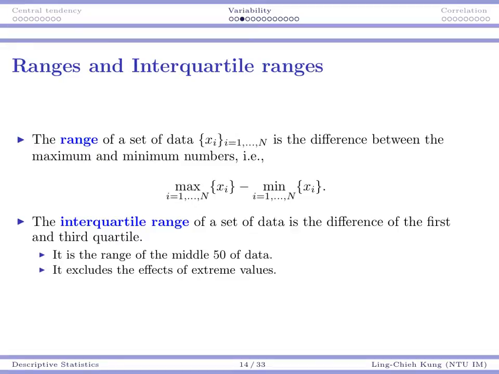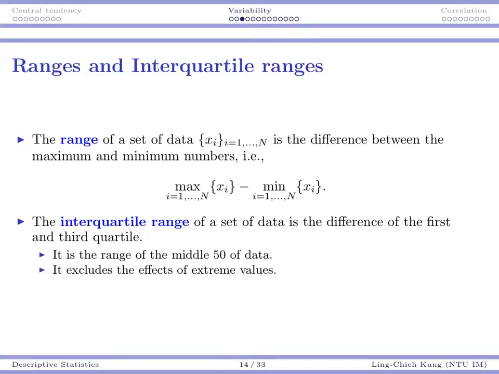And obviously, if the range is larger, we say the data set is more dispersed, because the difference between the largest and smallest number becomes larger. And then we have the interquartile range.